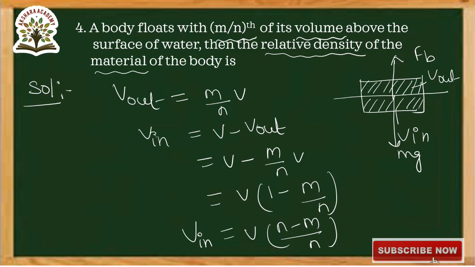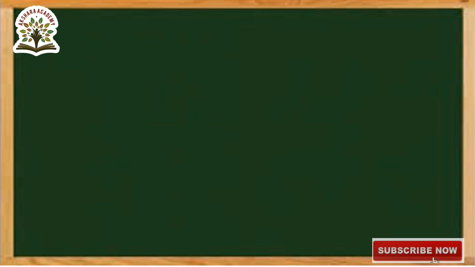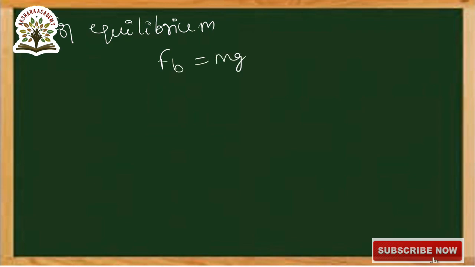Now we apply the law of flotation, or we can take the equilibrium position. For equilibrium, buoyant force is equal to gravitational force mg. So buoyant force F is V in into rho L into g, which is equal to m, nothing but rho m into V into g.